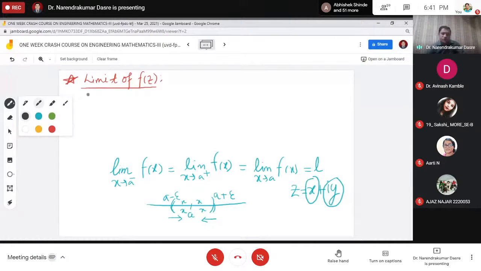So I will choose two positive numbers, one for the neighborhood of f of z, another for the neighborhood of z0. So this is the real case. Now we define the complex case.